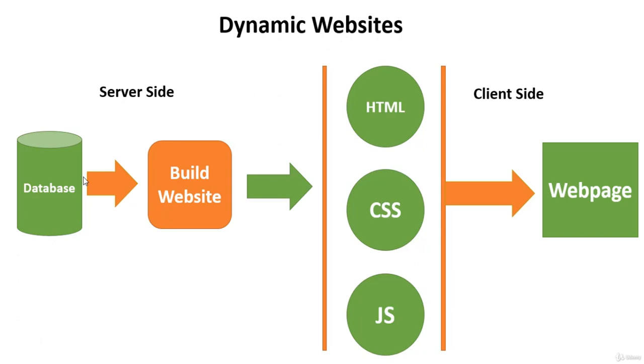What we do is get data from the database, process that data and send it in the form of JSON. We are not going to send the data in the form of HTML, CSS or JavaScript. We send data in the form of JSON, and with that JSON data we can build our own application or our own web page on the front end.